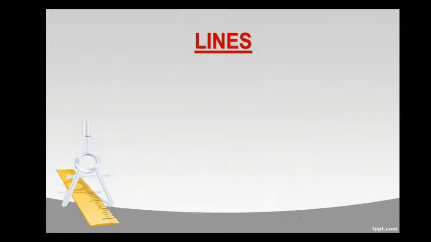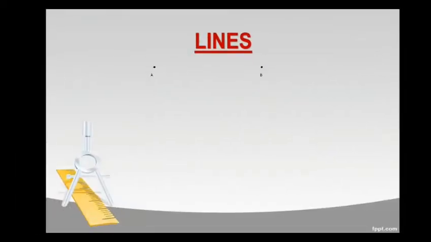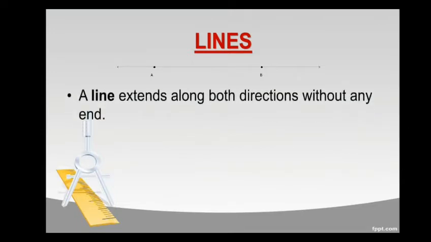First we'll recall what is a line. Suppose we have 2 points A and B like this. If you join these 2 points and it is extending in both the directions, then that is called a line.